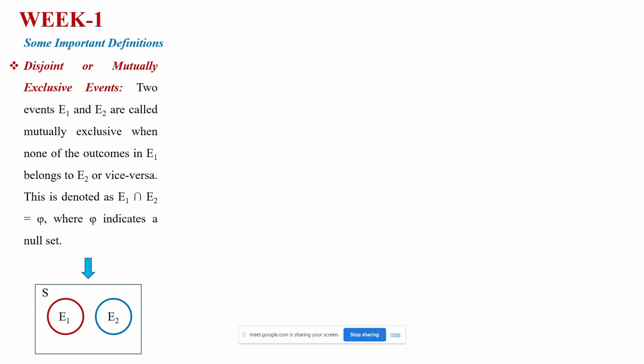So some important definitions. What is a mutually exclusive or disjoint event? Two events E1 and E2 are called mutually exclusive when none of the outcomes in E1 belongs to E2 or vice versa. This is denoted as E1 intersection E2 equals the null set, that is, there is no common outcome, where phi indicates the null set.